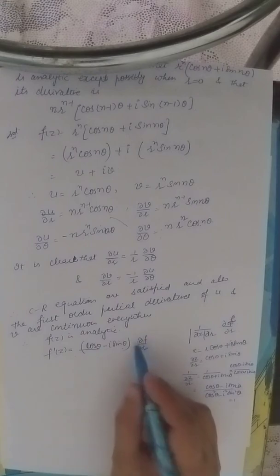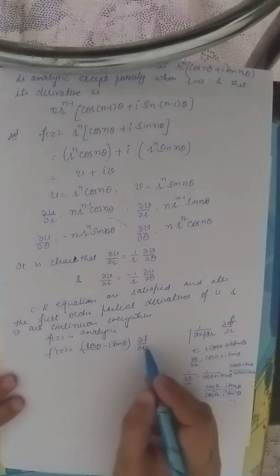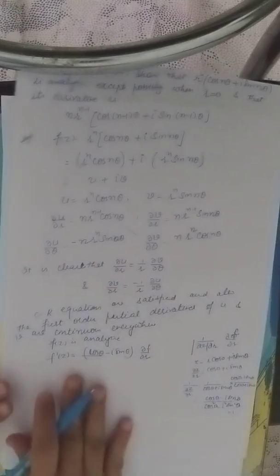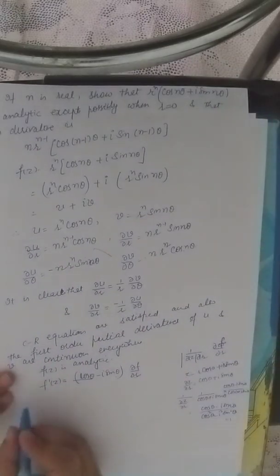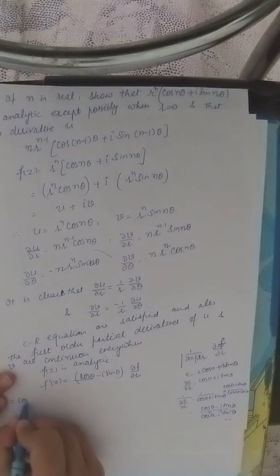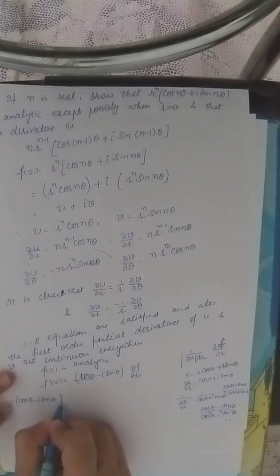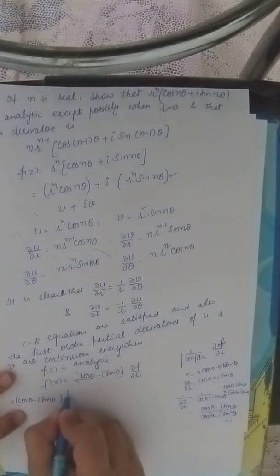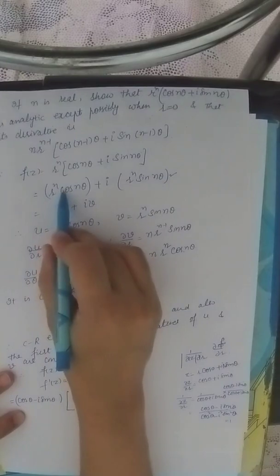Now we have to multiply it by the partial derivative of f with respect to r. Therefore it is equal to cos theta minus iota sin theta, into the partial derivative of f with respect to r.